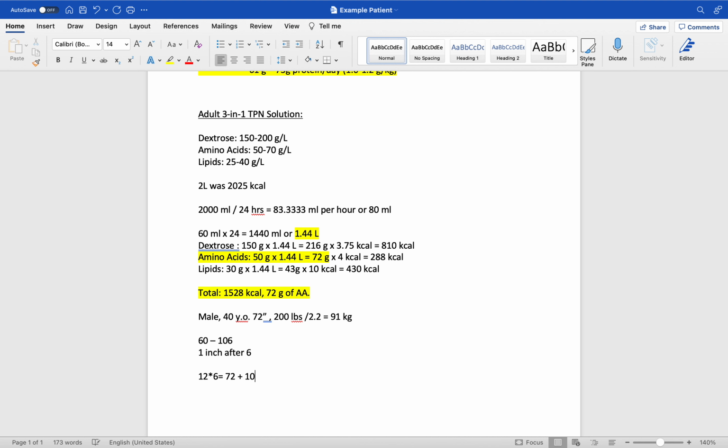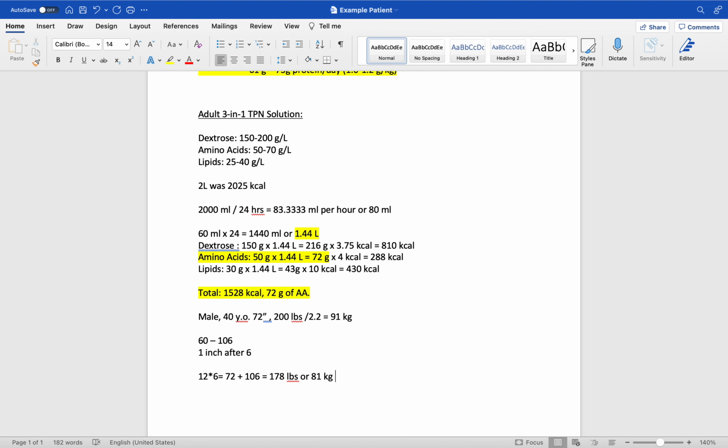Then add that to the 106 equals 178 pounds is his ideal body weight. Let me divide that by 2.2 to get my kilograms, or 81 kilograms is his ideal body weight.